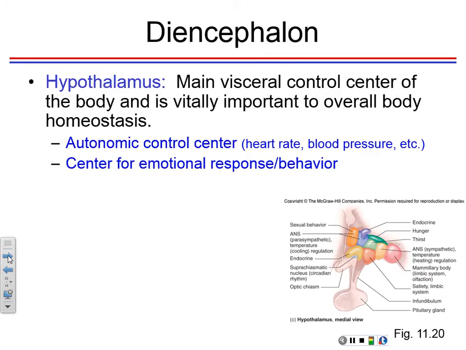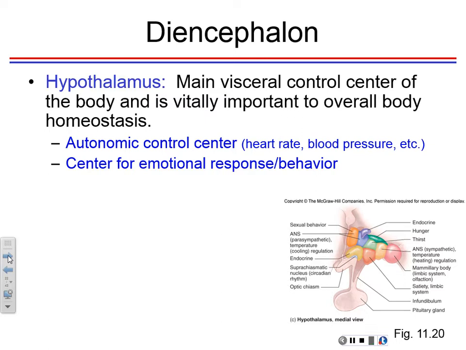Now the hypothalamus deals with all the visceral activities. It deals with pleasure, it deals with hunger, thirst, all those things controlled by the hypothalamus. All right? And it's also the autonomic control center because it releases hormones that cause the release of other hormones in the pituitary.